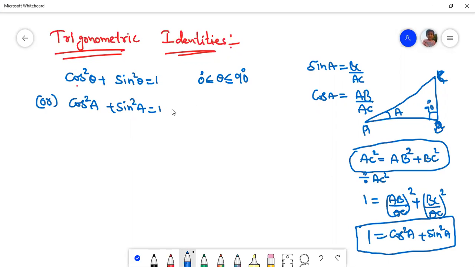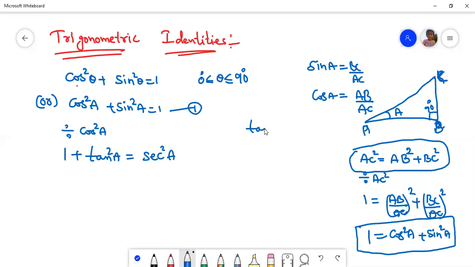If this equation 1 is divided by cos square A, then we are getting cos square A by cos square A, 1, plus sin square A by cos square A, that is tan square A, equal to 1 by cos square A, that will be secant square A. Why?